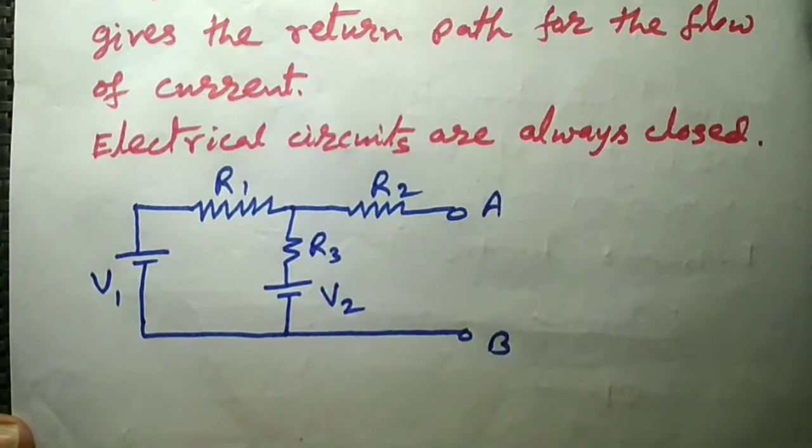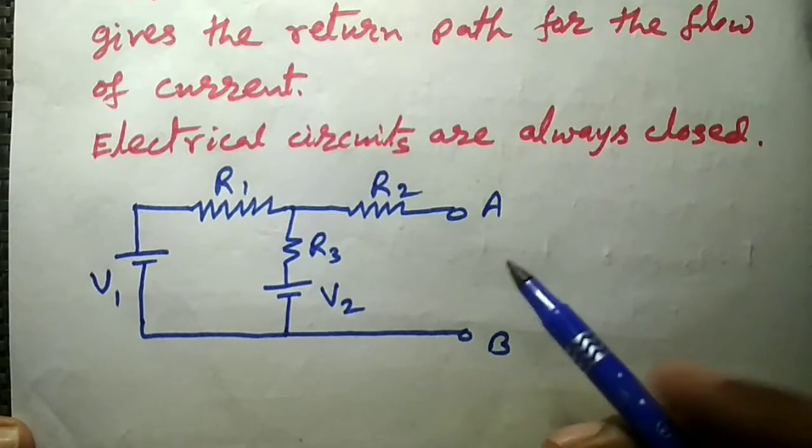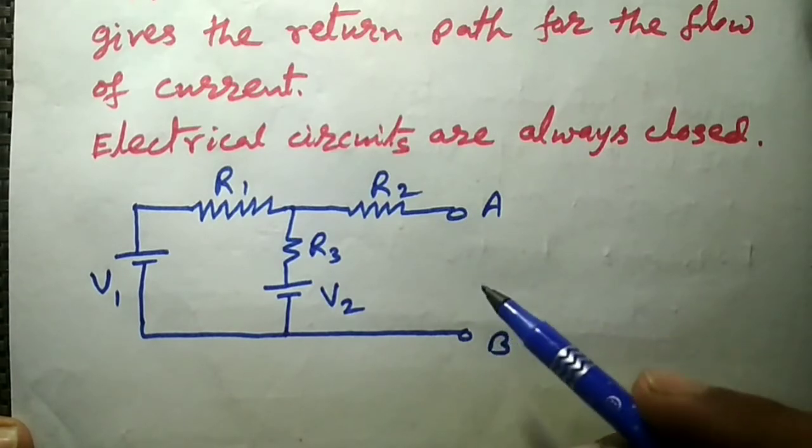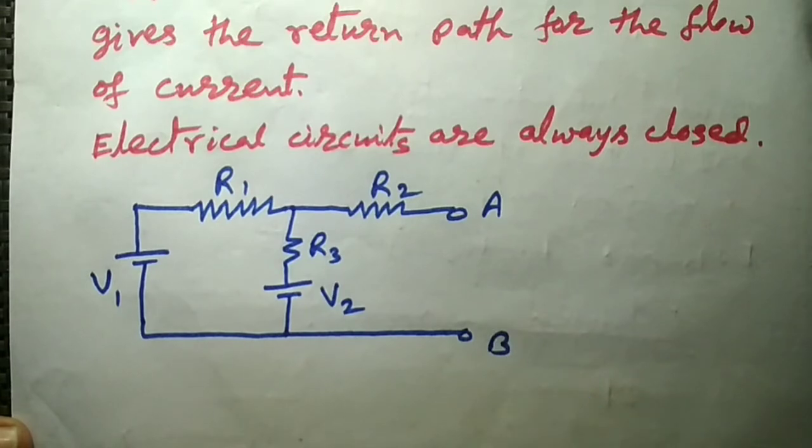So it is the interconnection of two voltage sources and three resistors. But here the terminals A and B are made open. So it can be considered as a network. It is not a circuit by definition.